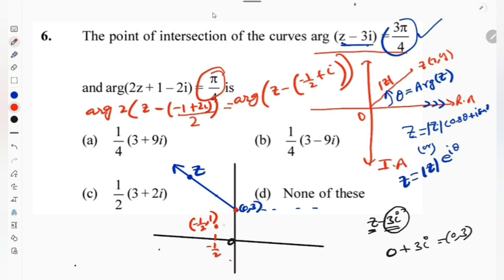The locus of z is a ray whose argument is pi by 4. From this point, z may be like this, like this, or like this. We may go with any of these.